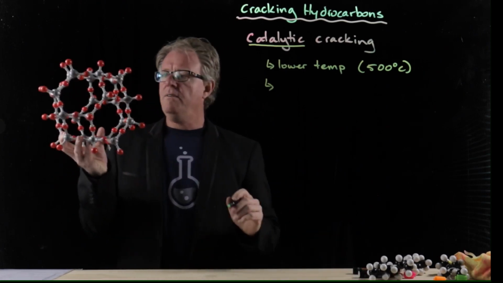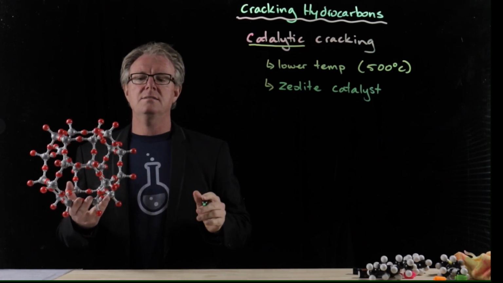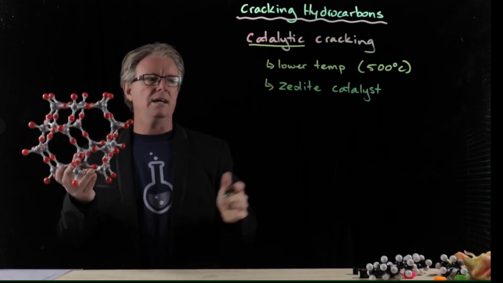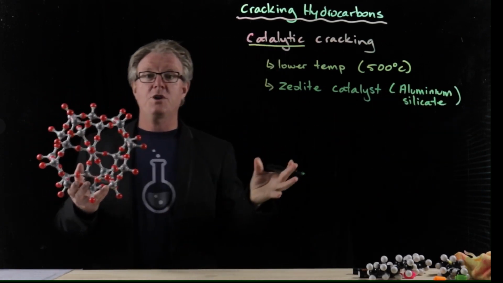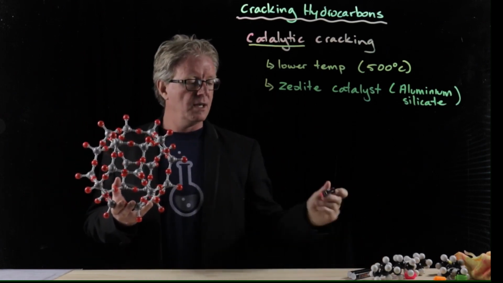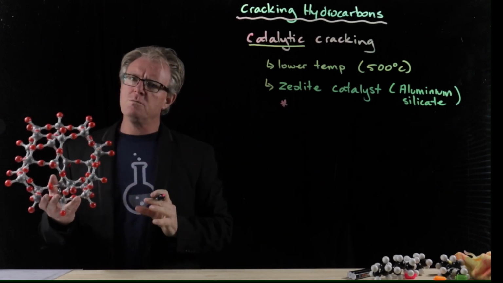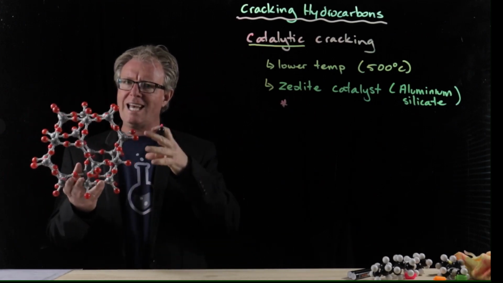Now, we have here a zeolite catalyst, and a zeolite catalyst is an aluminium silicate. Nice if you can remember that, but the big thing to remember is the zeolite catalyst. Lower temperature. Now, it's a honeycomb structure, right? So it's like a cage.